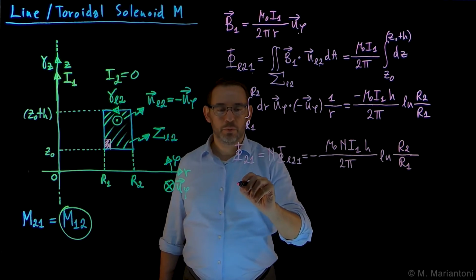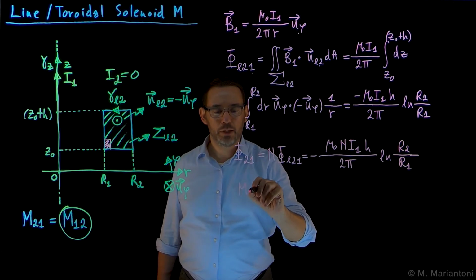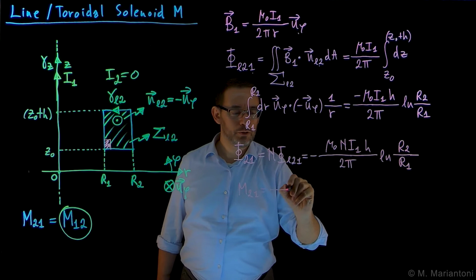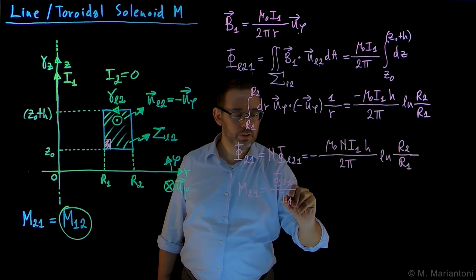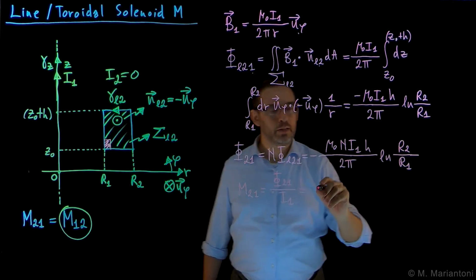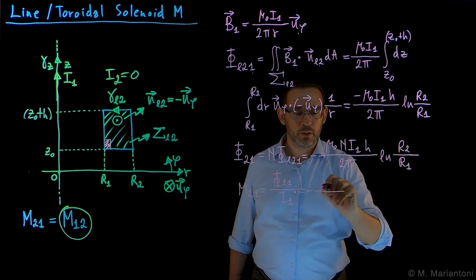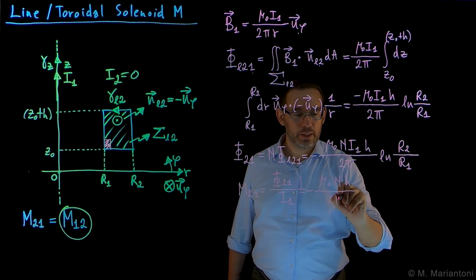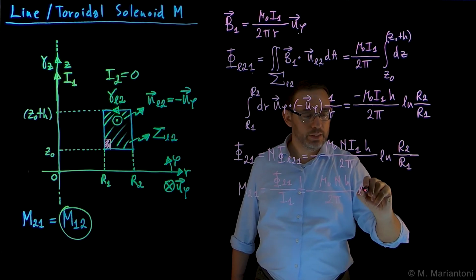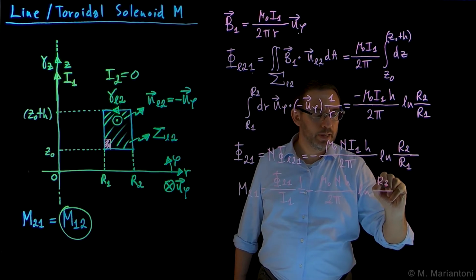And finally, from the definition of mutual inductance, M to 1 is nothing but phi to 1 divided by I1. So we get rid of this I1 here, and we obtain nothing but minus mu naught n h divided by 2 pi natural logarithm of R2 divided by R1.